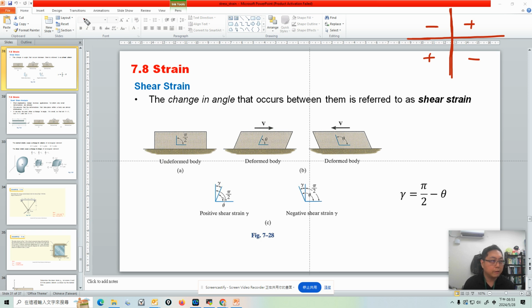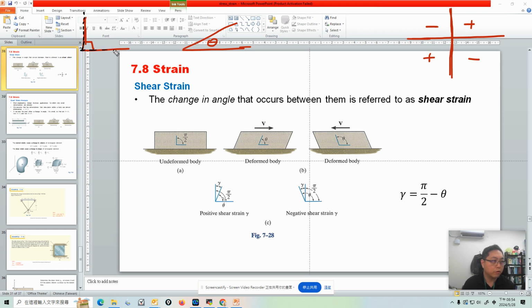Initially, it's 90 degrees. After we apply this shear force, the angle becomes less than 90 degrees. Then we say this is our reference.